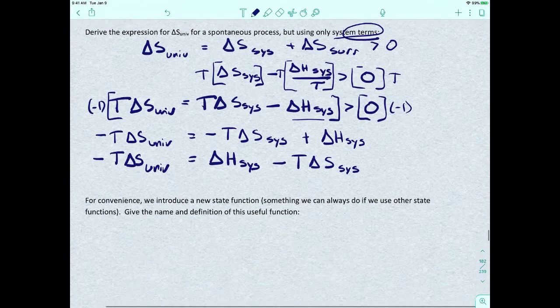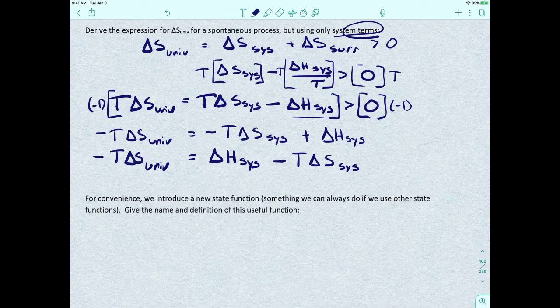What this allows us to do is say that this whole thing, the negative T delta S of the universe, is actually our new term G, and that stands for Gibbs Free Energy.